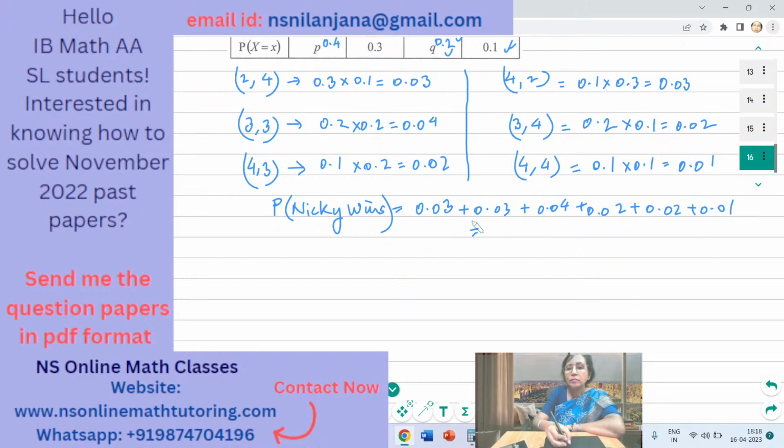So 3 plus 3 is 6, 6 plus 4 is 10. So this will be 0.10. This is 2 plus 2 is 4 plus 1 is 5, so it is 0.05.